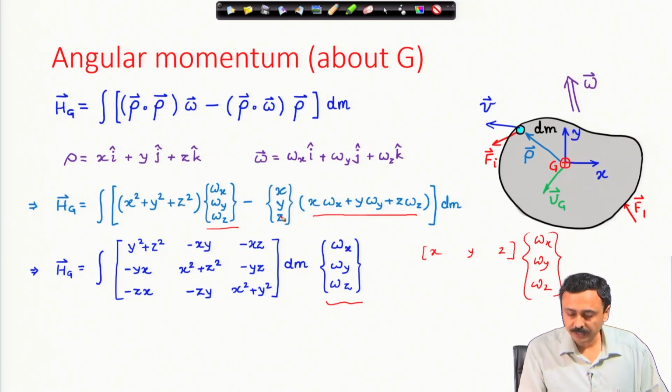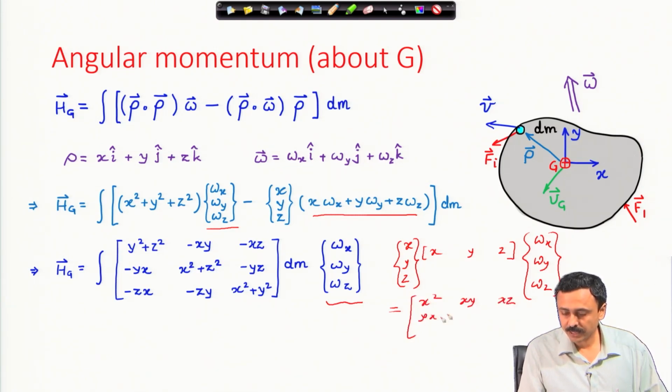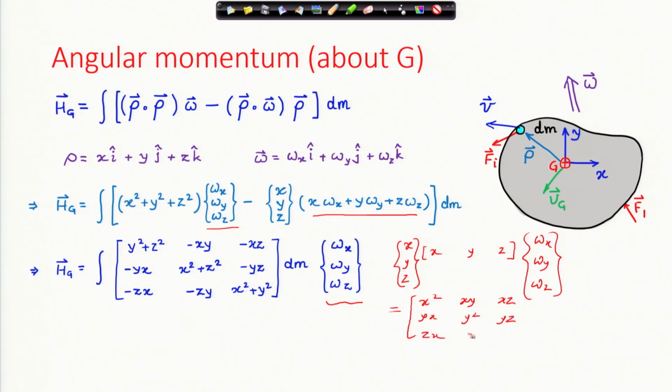What was left in the second term was x y z as a column, and therefore, what I would get is the matrix x square, x y, x z, y x, y square, y z, z x, z y, z square times omega x, omega y, omega z.